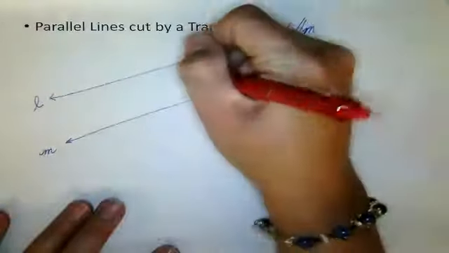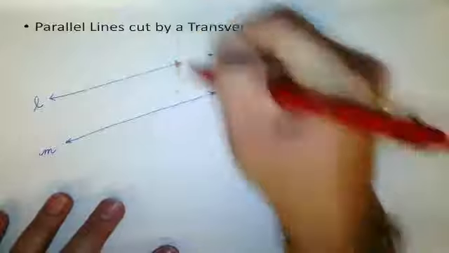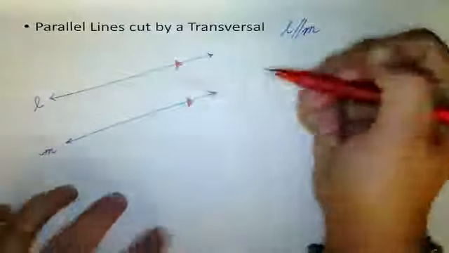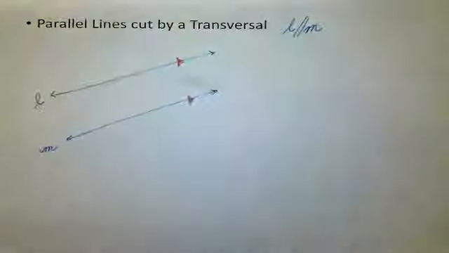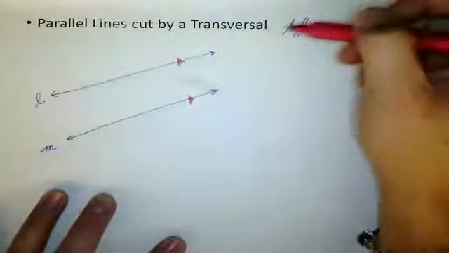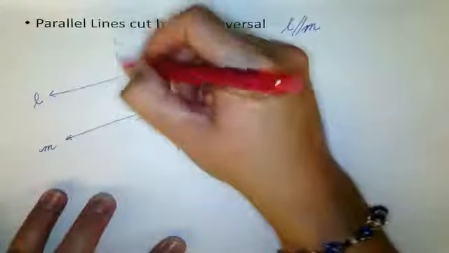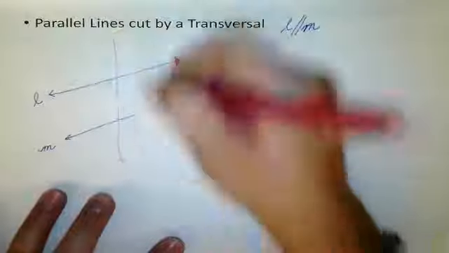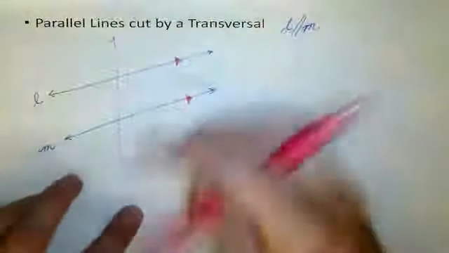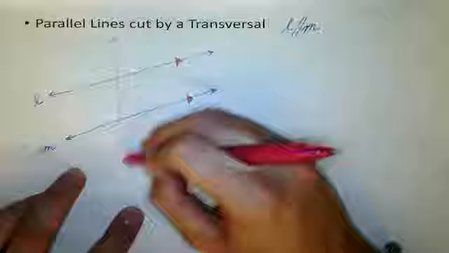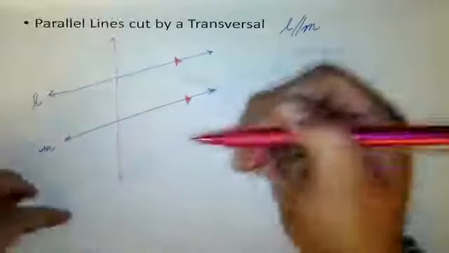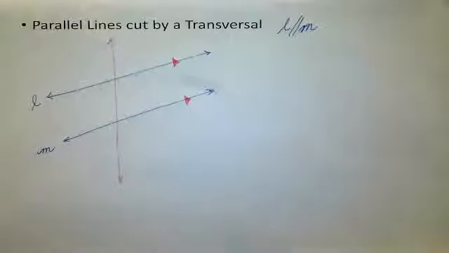The notation on the lines are these little arrows that denote that those lines are parallel. And those parallel lines happen to be cut by a transversal, and a transversal just goes across. And so here is another line, and it's supposed to be a straight line. There's my two lines cut by a transversal.